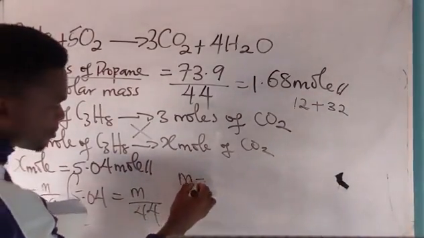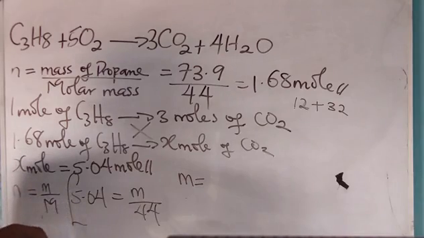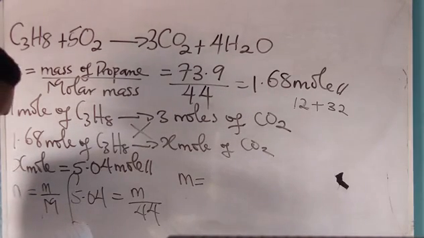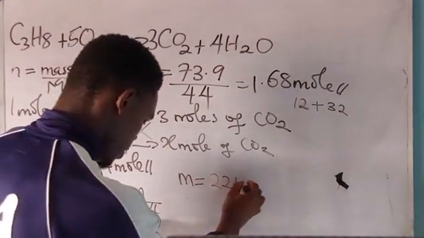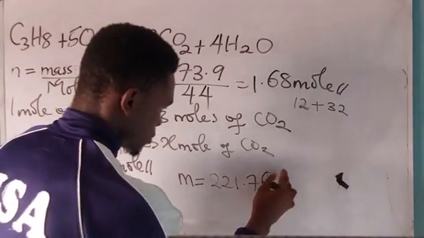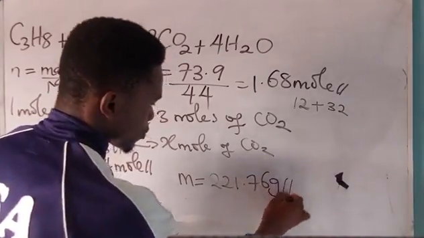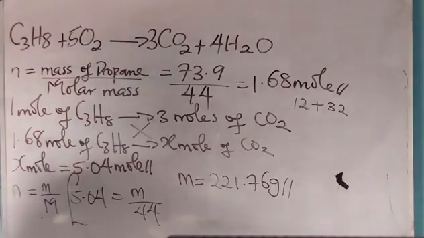Therefore M is equal to 5.04 times 44. You have 221.76 grams. All right, so that is what you have the answer to be.